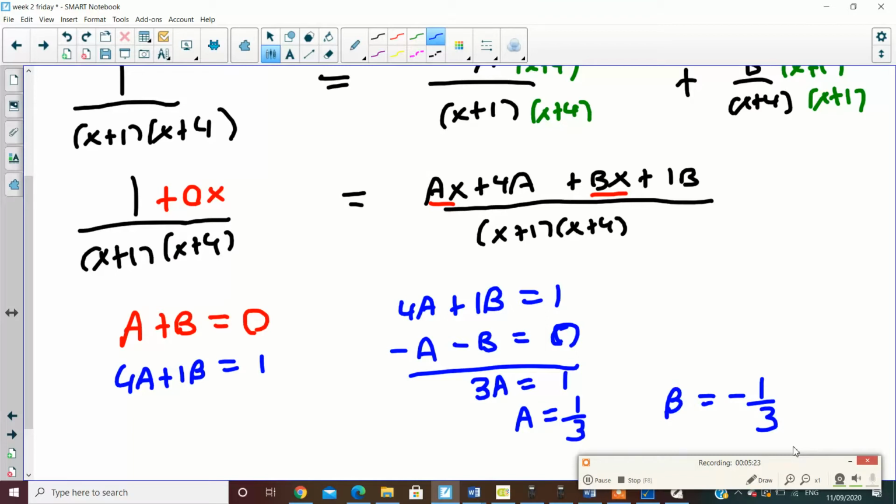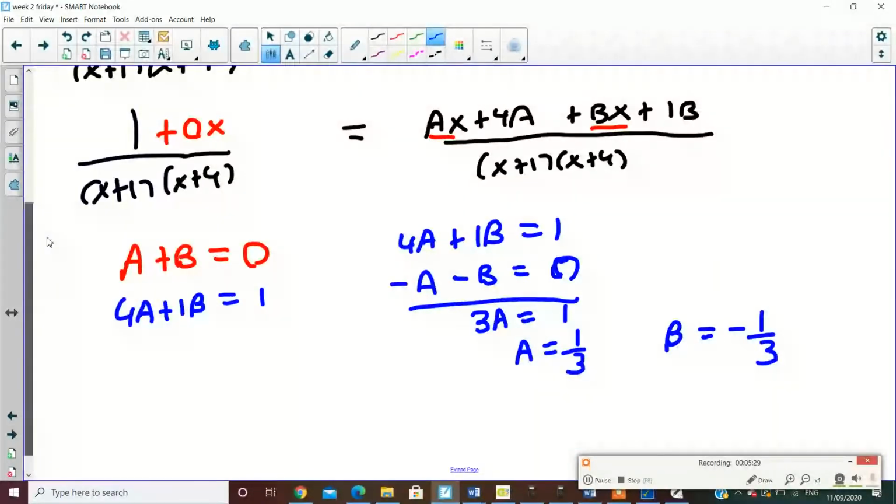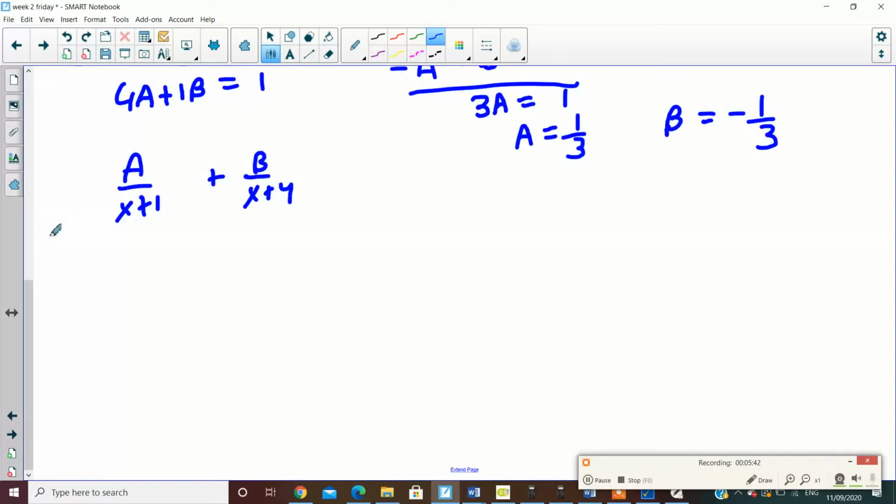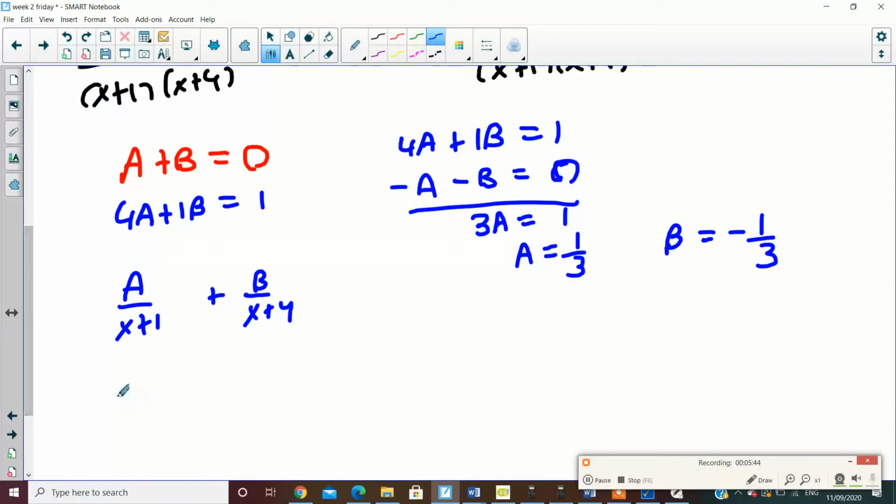If you reread the question, I won't get full marks for it. The reason for that is it's a over x plus 1 and b over x plus 4. Now the way I can write this is 1/3 multiplied by 1 over x plus 1 minus 1/3 multiplied by 1 over x plus 4.